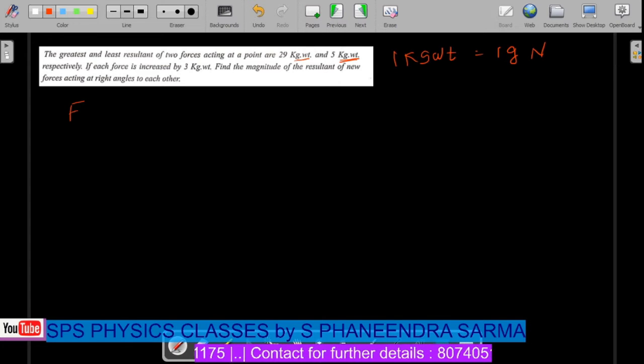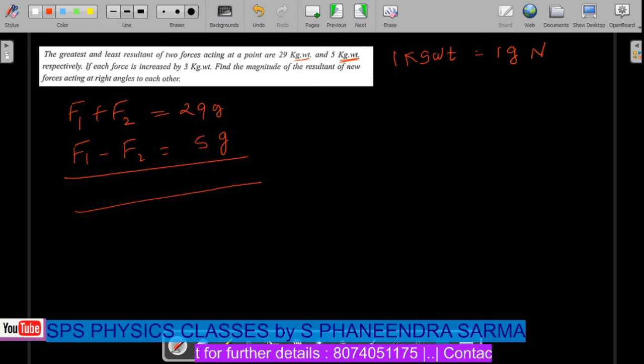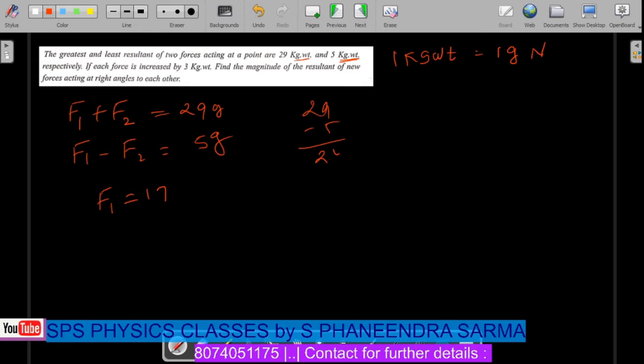First of all, the greatest means F1 plus F2 is equal to 29, given. Least, F1 minus F2 is equal to 5 g newtons. Now let us consider the sum as well as the subtraction. By adding, we have 34 by 2, that means 17. That means F1 is equal to 17. Upon subtraction, we have 29 minus 5, that is 24 by 2.